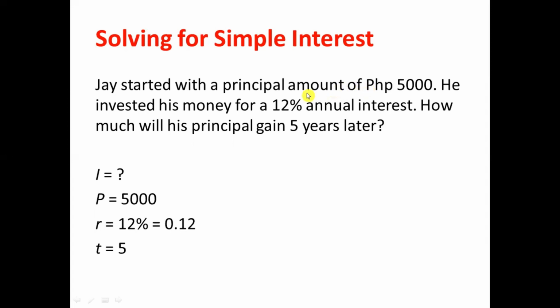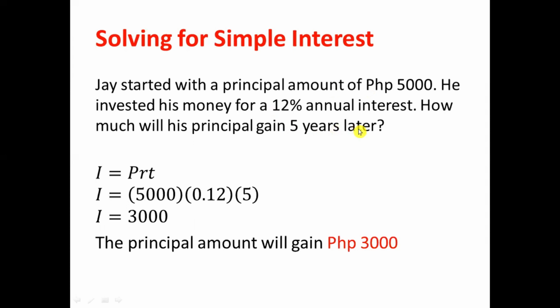For the interest rate, we have 12% annual or 0.12. And then for the time in years, it's 5 years. So again, just plug in your numbers sa corresponding variables nila and solve with the formula. So we see here na 5,000 times 0.12 times 5 would equal to 3,000 pesos.